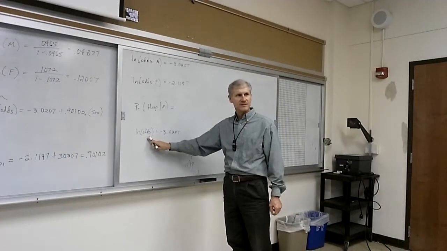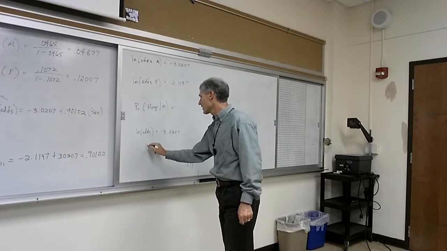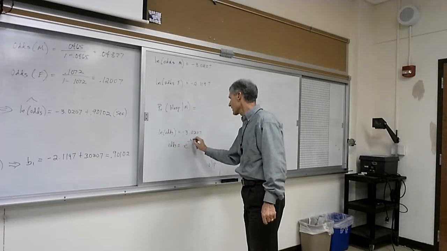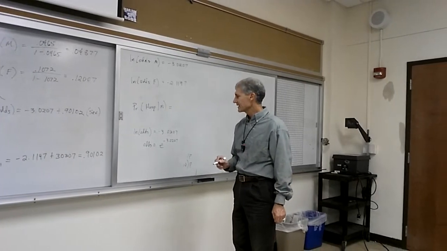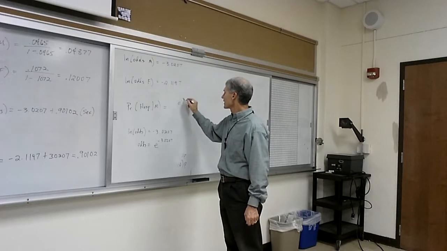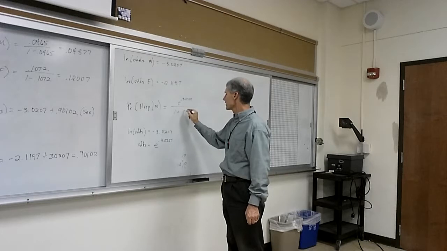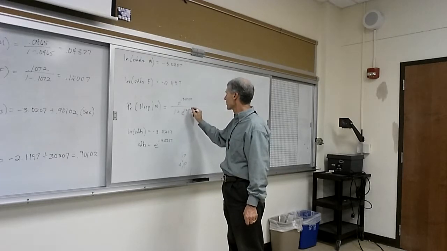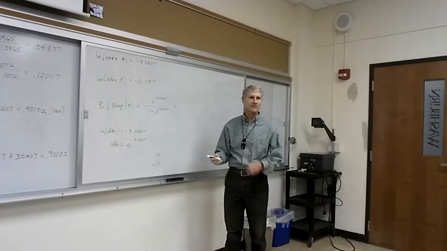And then the odds, e to that power. So odds equal e to the negative 3.0207 power. And then to get from odds to probability, e to the negative 3.0207 over 1 plus e to the negative 3.0207. Do that on your calculator.